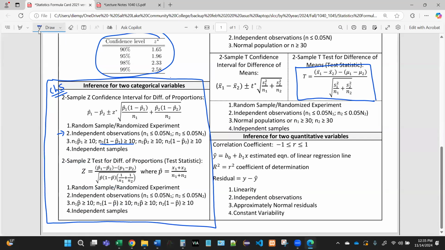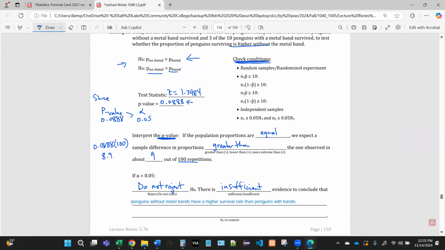They'll look very familiar to you. We need a random sample, right? We need independent observations. Under the null, we need to be expecting at least 10 failures and at least 10 successes, and we need the two samples to be non-overlapping. Okay, so do we have those conditions met?